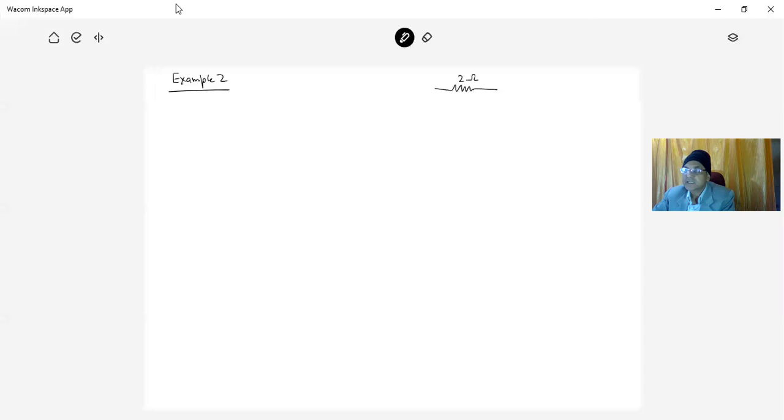This resistance is connected with a capacitance, which is connected with a 1 ohm resistance, and here it is a 12-volt cell connected with another 2 ohm resistance. Another cell is here connected with a resistance.